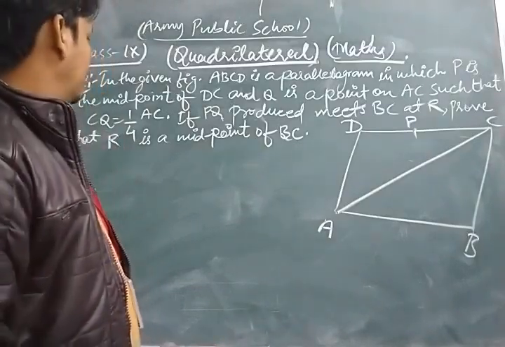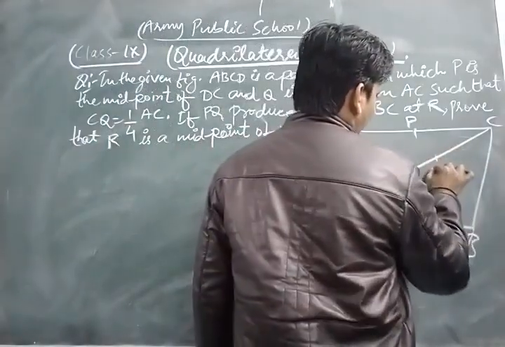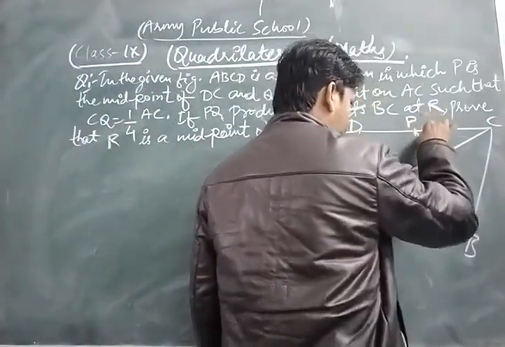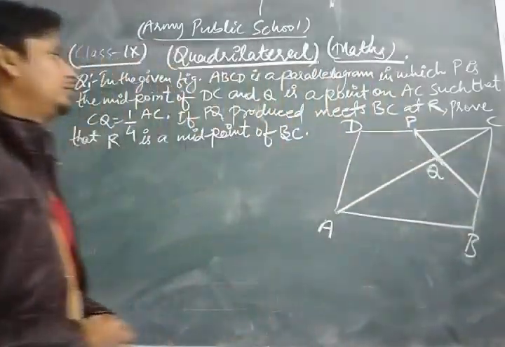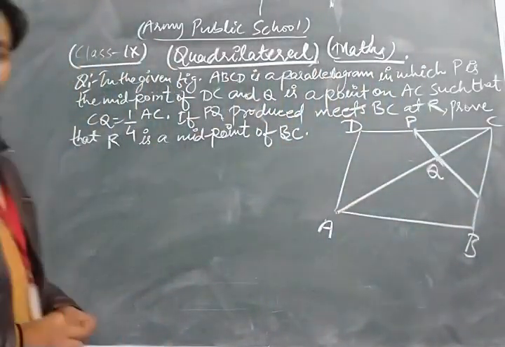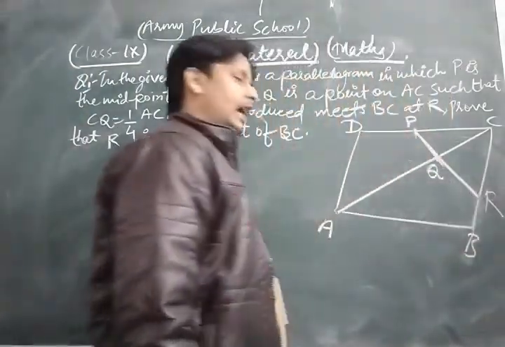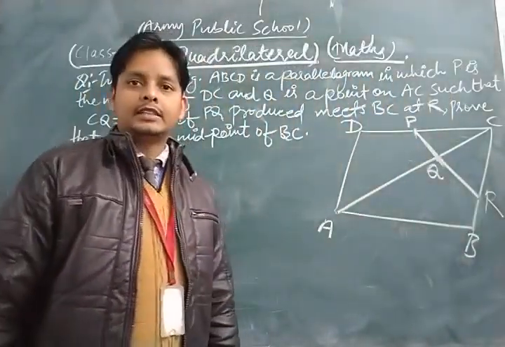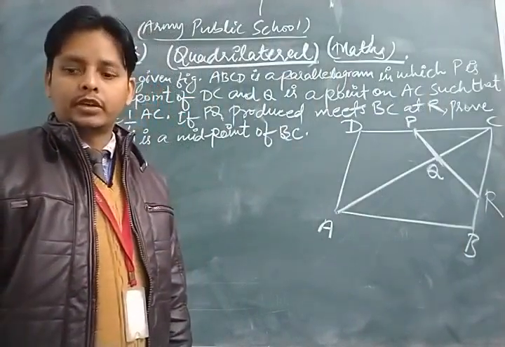PQ produced meets BC at point R, and we have to show that R is the midpoint of BC. This is the question here.